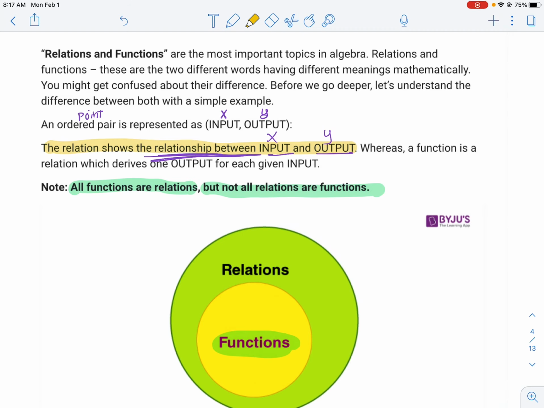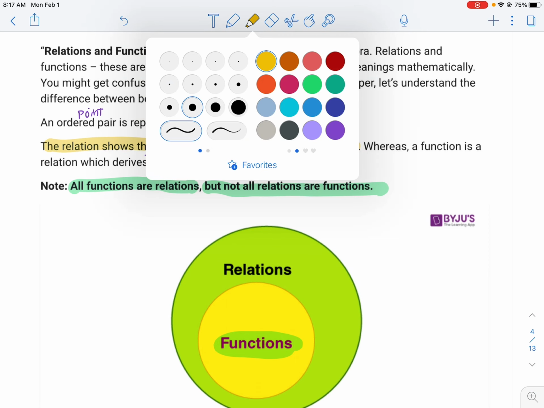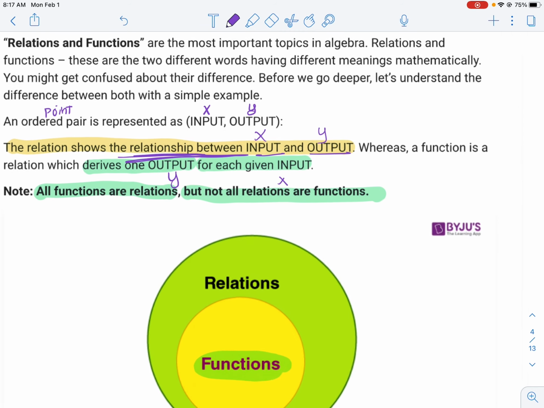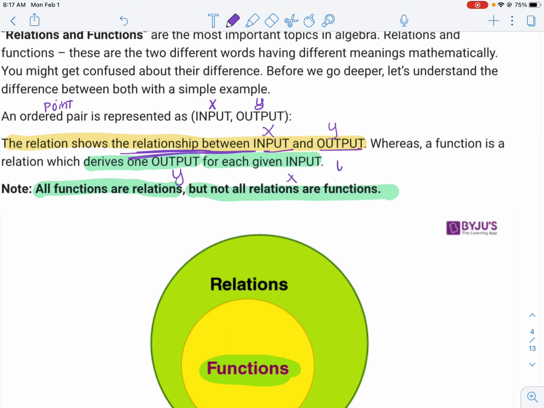A function is more specific than that, all right? So a function is a relation where there's only one output for each input, or only one y for every x, okay? So that really means when a value or an x is inputted, we only get one y value.